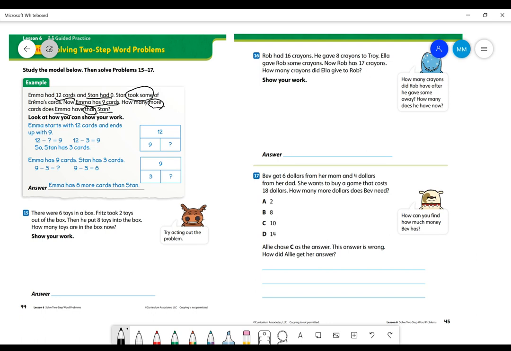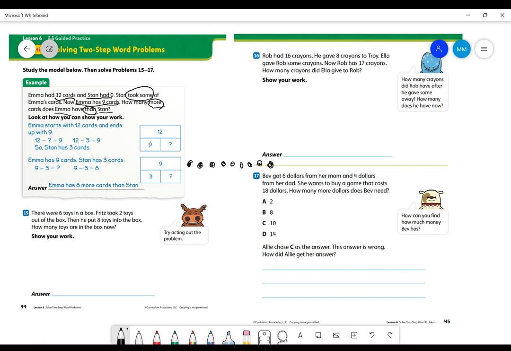So we have our number bond over here. We know that Emma had 9, so I'm going to draw 9. 3, 4, 5, 6, 7, 8, 9. And I am comparing. So that means that I am finding what is the same and what is different. If I see the word than, that tells me I compare.